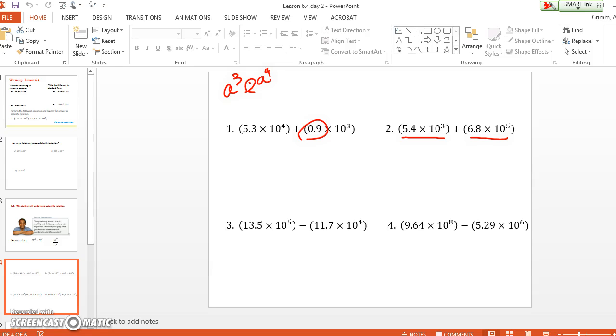Okay. Oh, Catherine's shaking her head now. She does not like that. What's wrong? Well, he said that he wanted to make 6.8 bigger. He said he wants to make the power of 10 smaller on the 6.8 because he thinks it's easier to do smaller or bigger. Oh, I thought he was going to move the 6.8 one time over and so it goes bigger. Okay, so you're fine.